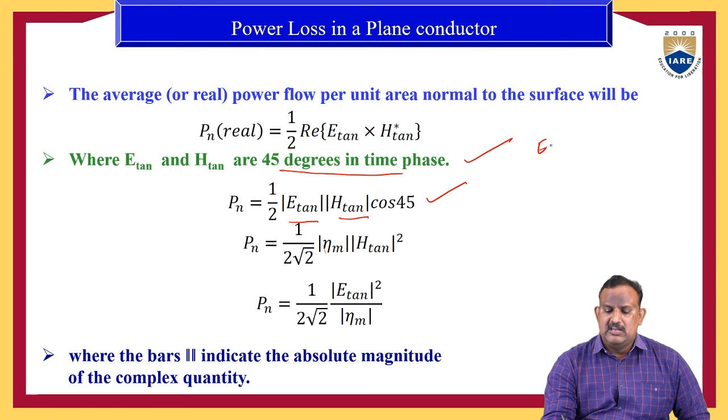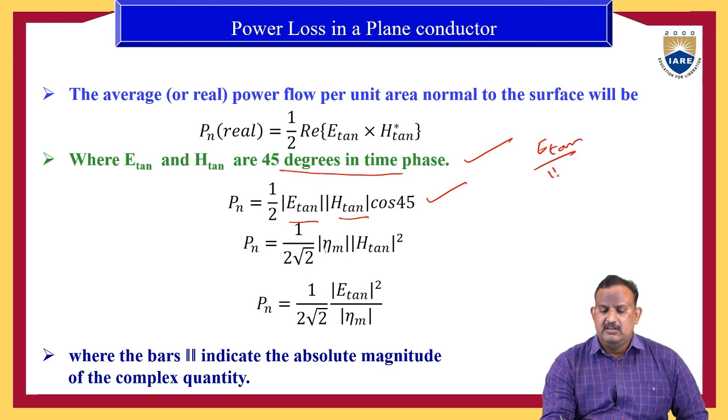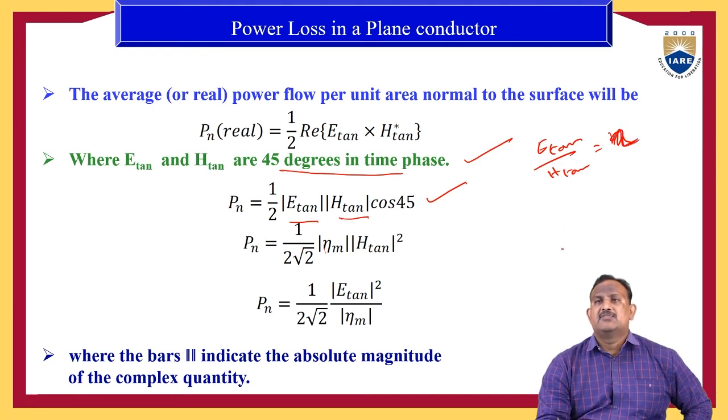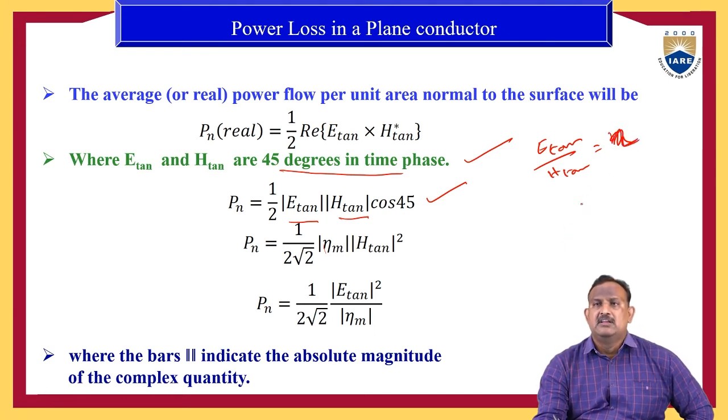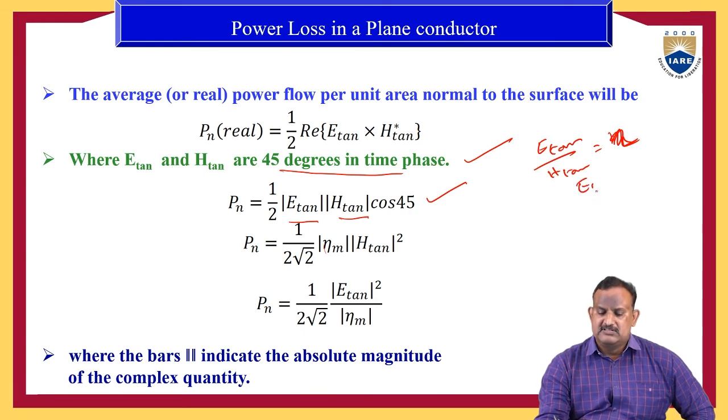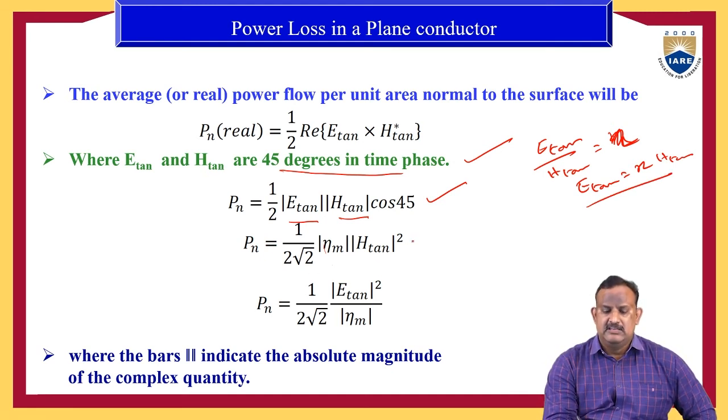We know that E tan by H tan is equal to eta. So in place of E tan, we can write eta into H tan. Then the equation becomes 1 by 2 root 2 into mod eta into mod H tan square.